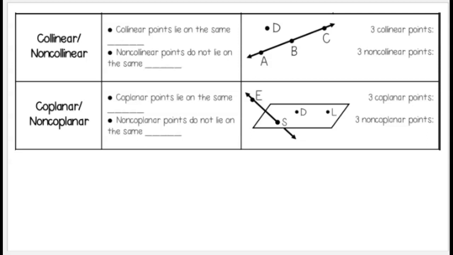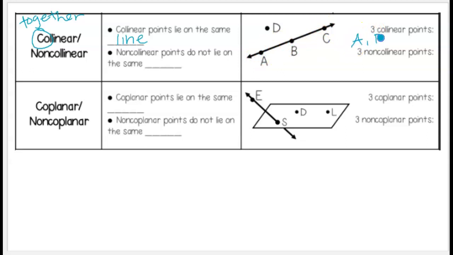All right, next we're going to talk about collinear. Co is a prefix that means together. So collinear is together on a line. Collinear points lie on the same line. So 3 collinear points here are going to be the ones that are lying on the line.